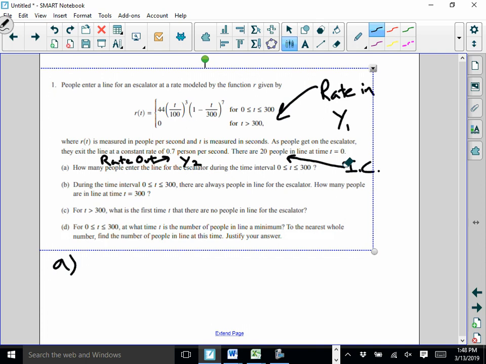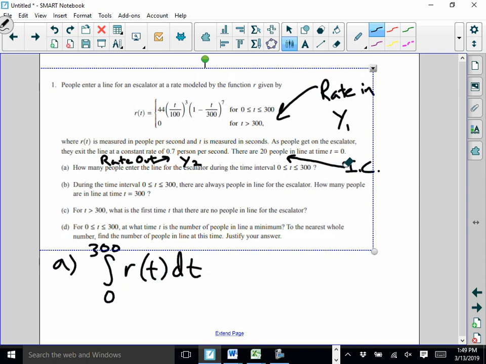So to set this up, I'm going to integrate. I'm going to do the integral from 0 to 300 of my function r of t dt. Because that's my rate in. That integral tells me how many people got into line through that whole time period from 0 seconds to 300 seconds.